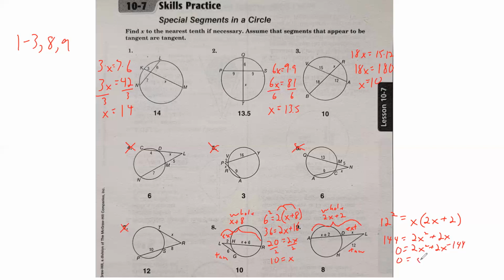This becomes just x squared. This becomes just x. 144 though, half of that is 72. So then we need factors of 72 that add up to the middle one. So that'd be 9 and 8.